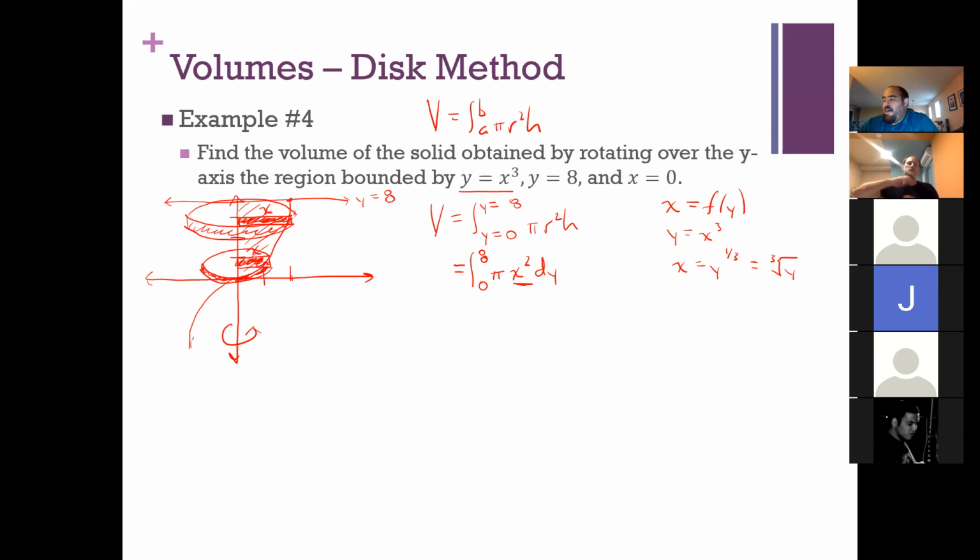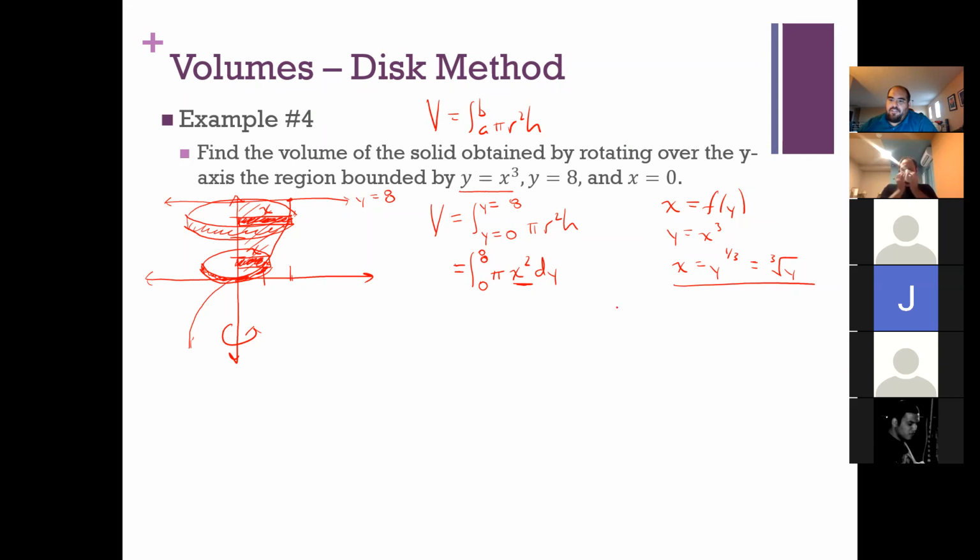Yeah, and so for this disk method, basically whatever line you're revolving around is going to dictate what your independent variable is. So we're doing the y-axis. We want y to be the independent variable.